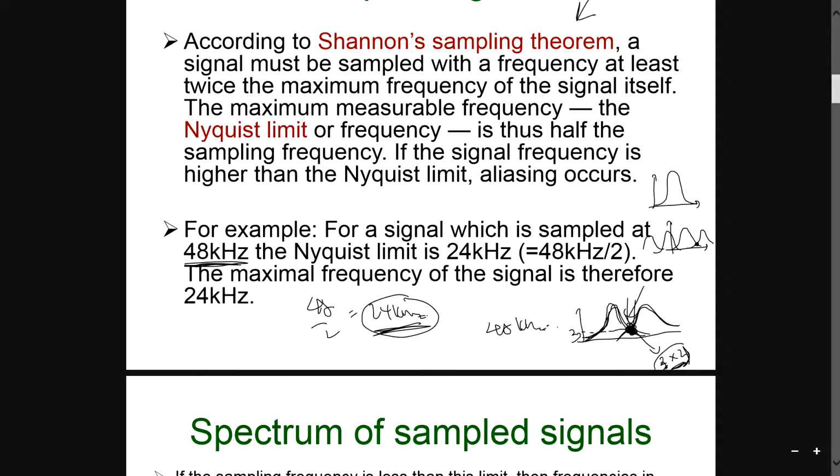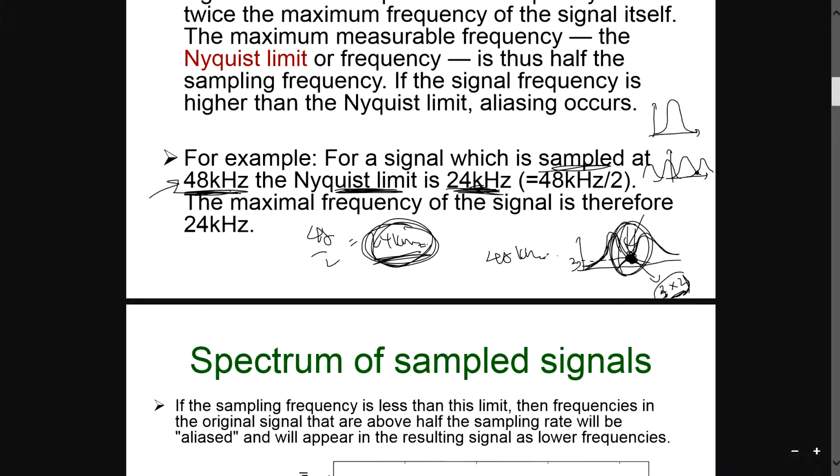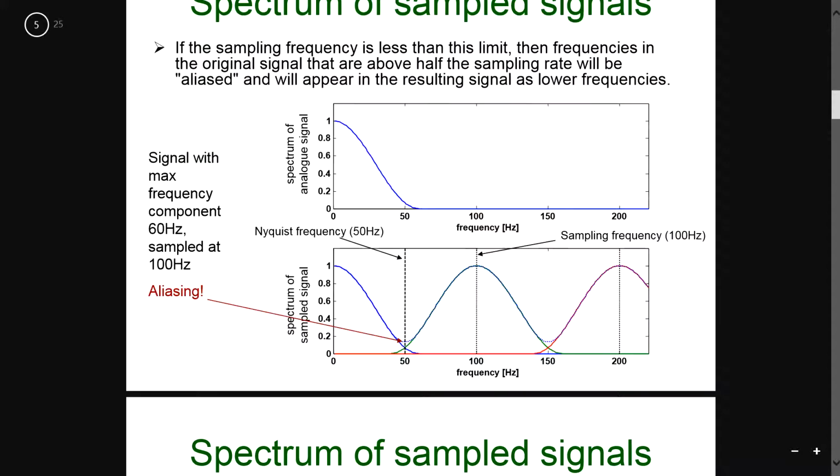Any time you see sampling at 48 kilohertz, you need to divide it by 2. This divided by 2 is your Nyquist limit, meaning that you can only sample 24 kilohertz of data, although you sample 48 kilohertz, because of the aliasing issue. Just take note of that divided by 2. I'll not go into details of this.